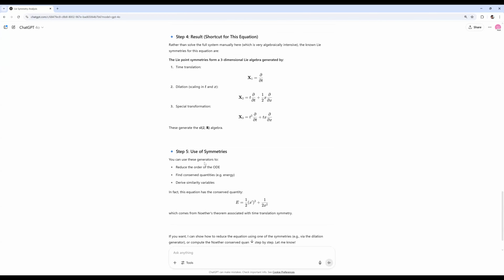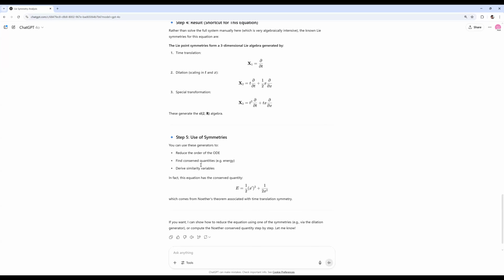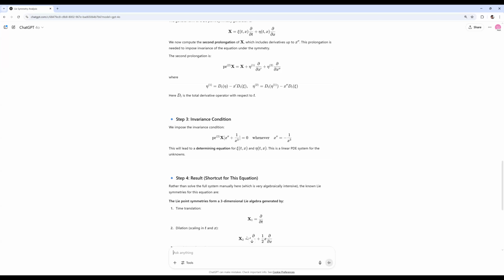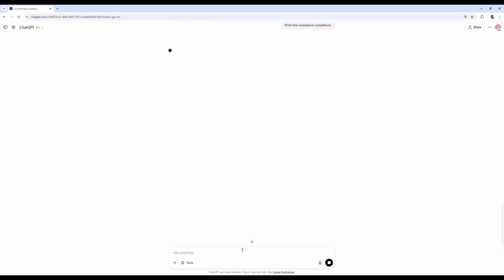But now, it suggests to us how to apply the symmetries. And let me ask it, please print, don't say please, because it's expensive, please print invariance. Let us see.